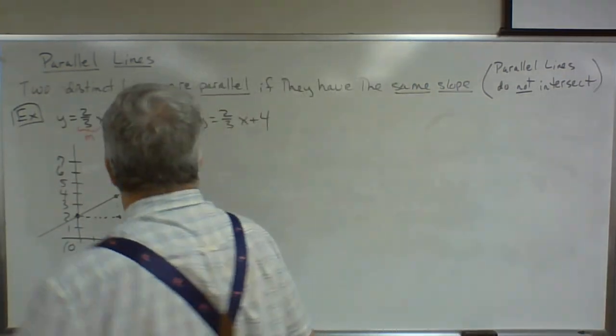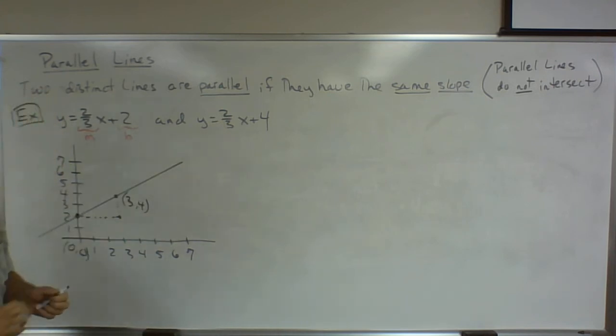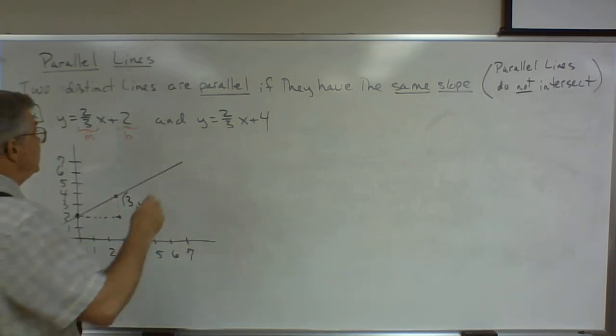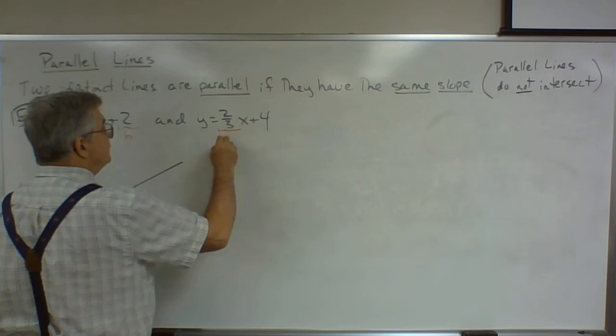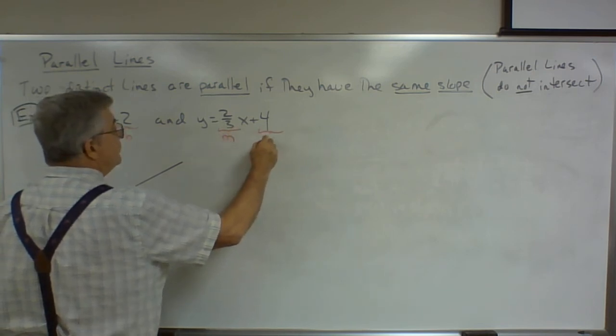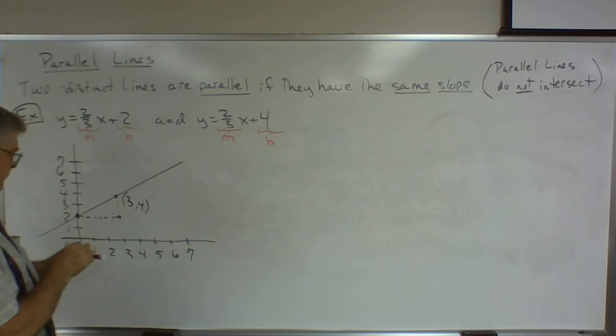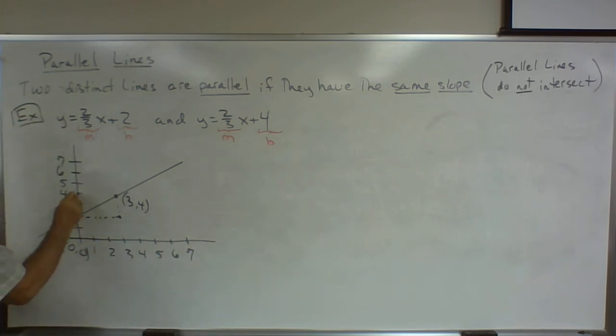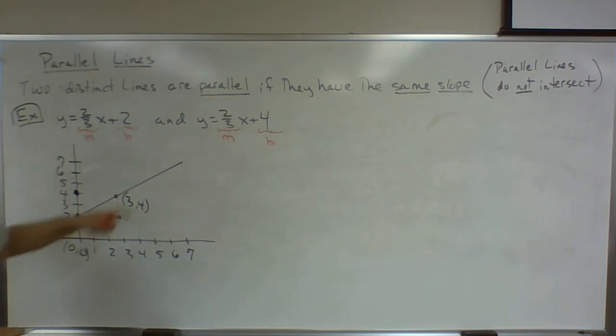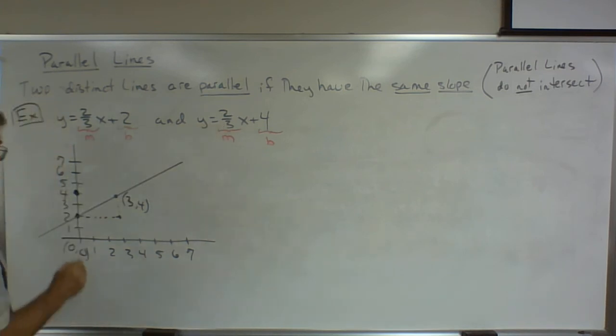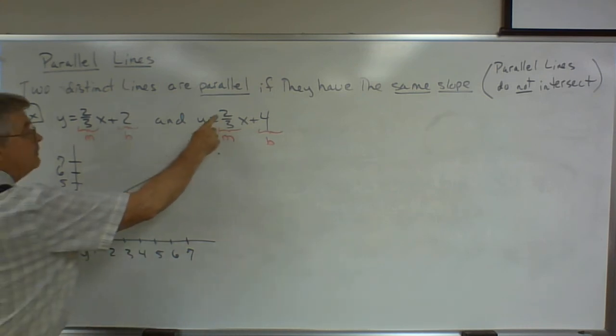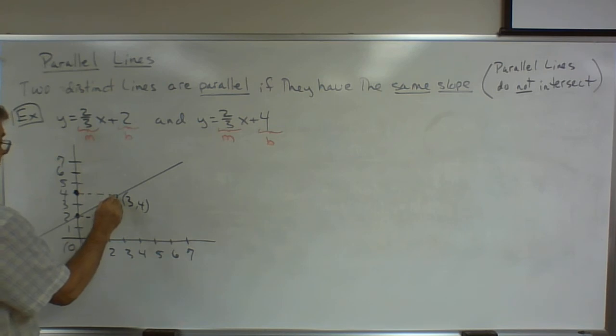Now, let's plot this other line. Again, it has slope 2/3. This time the y-intercept is 4, so I'll plot the y-intercept at y equals 4. And then to get another point, I'll go 3 units in the positive x direction and 2 units in the positive y direction.